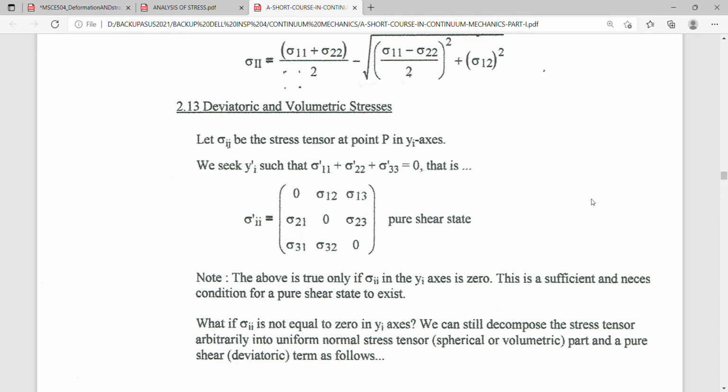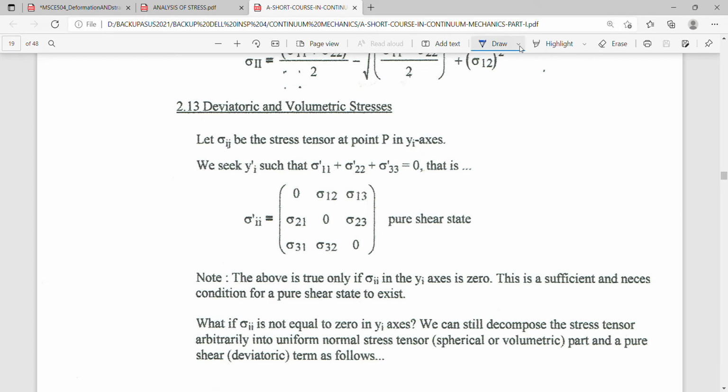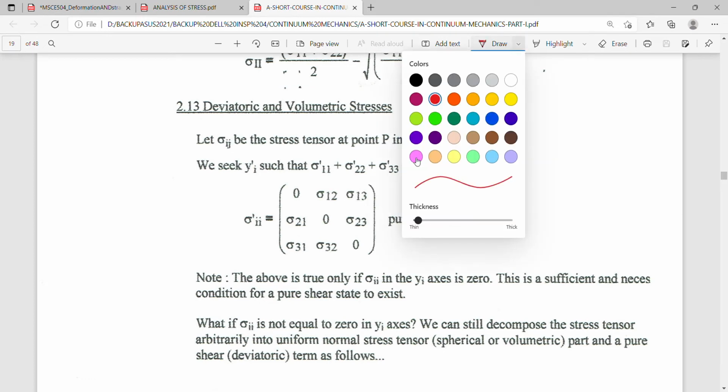axis concerned. So we discussed the derivation of a pure shear state in terms of the n-i direction in my previous lecture. So the form of the matrix will then be equivalent to this one here, wherein all your diagonal elements become zero, meaning to say that your normal components or your longitudinal stresses are therefore zero.